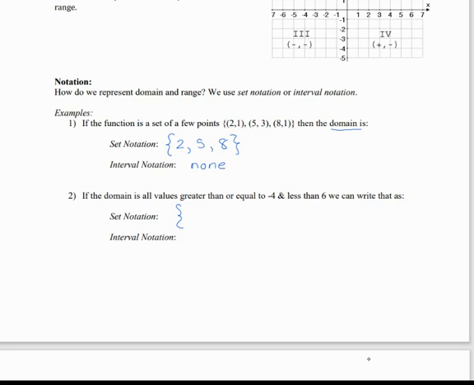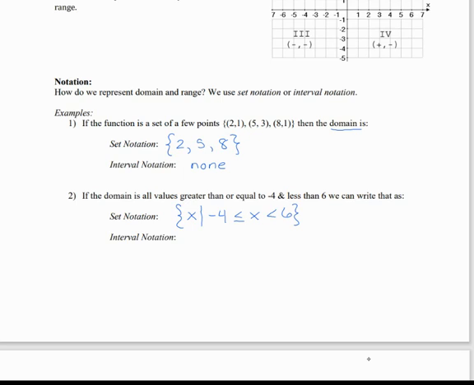But instead of just listing numbers, we're going to have our value x because we're domain, and we use a bar to represent such that. So this is saying x such that, and we're literally going to write this statement that they gave us using our inequality symbols. So we're greater than or equal to -4 and less than 6.